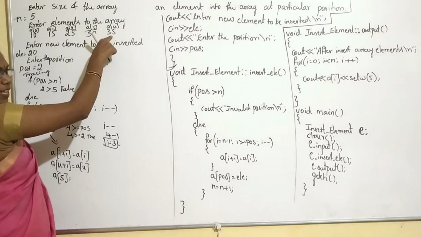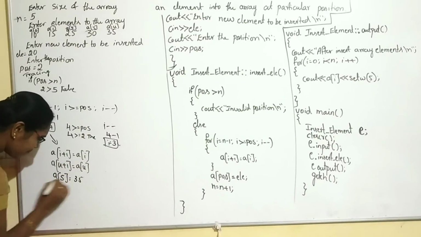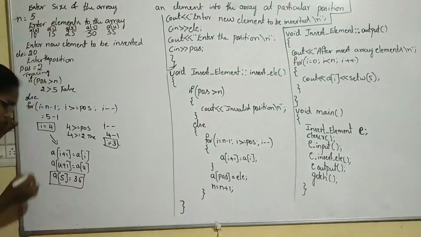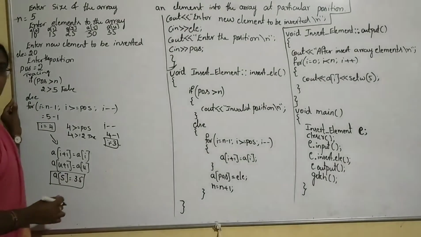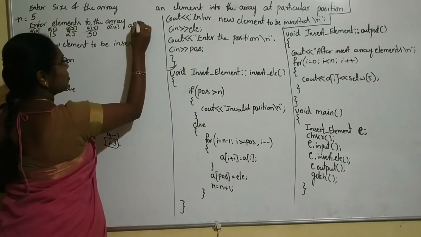Which element is stored in a[4]? 35. Now 35 is stored in the a[5] position. What happens here? This 35 goes to the a[5] position.